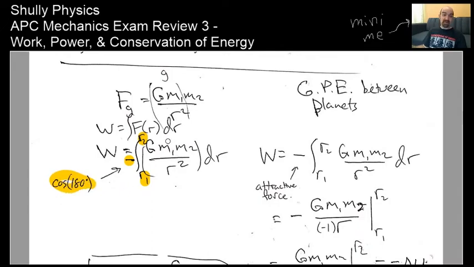This is F of r times dr, where F is a vector and r is also a vector. So what we don't really see here is a little dot product. So that's why I'm including the cosine 180 there. So we get the negative sign involved in this expression. It's also showing it's a conservative or attractive force.